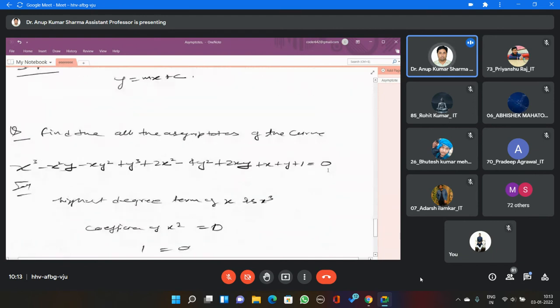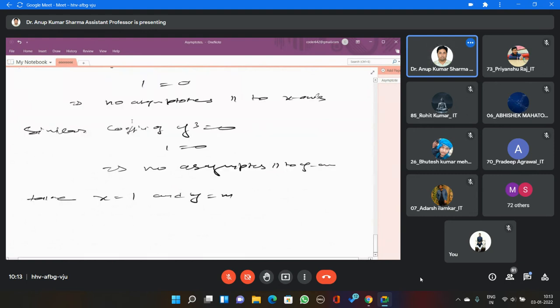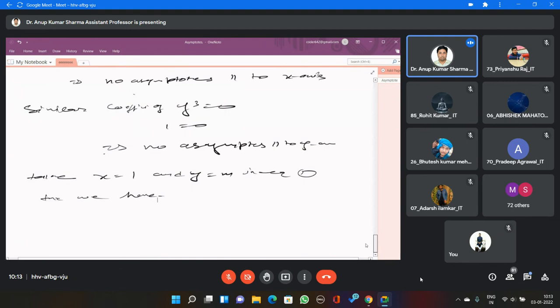Okay, so we can say this is equation 1. In equation 1, we have the equation like m cube minus m square minus m plus 1 is equal to 0. Okay, we are getting this one.